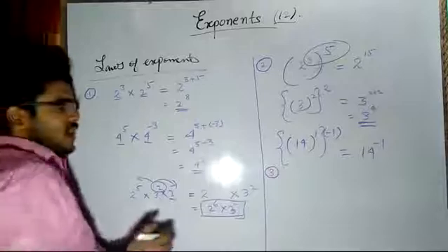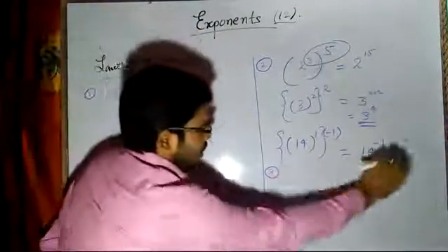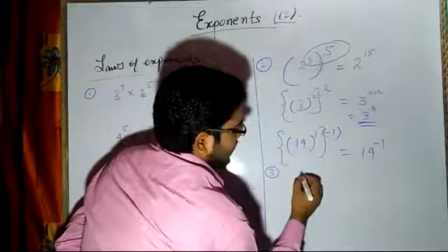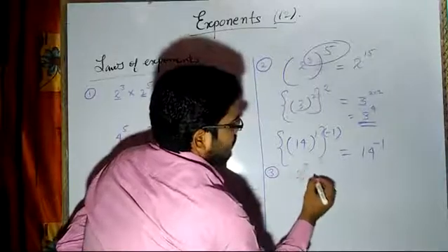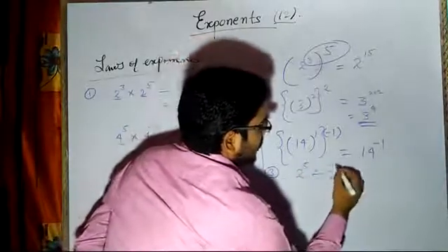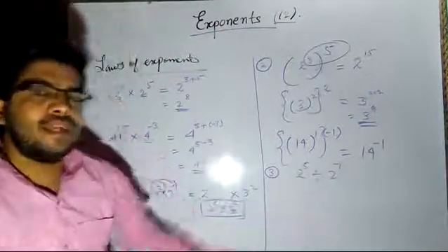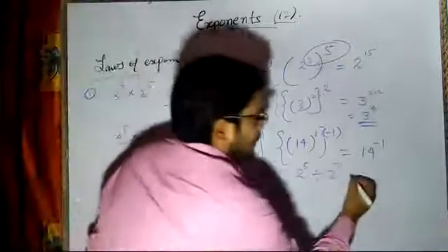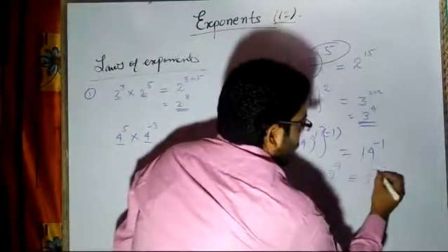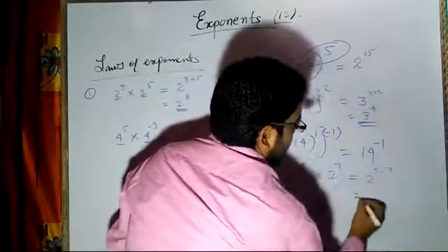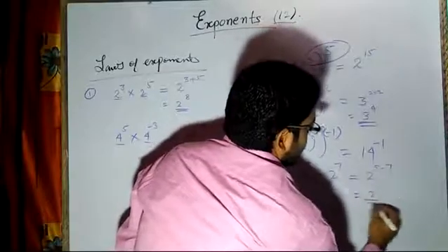Law number 3 is another law. This law says that if a number is divided, like 2 raised to power 5 divided by 2 raised to power 7, if we have a division symbol, then the powers will be subtracted. So 2 raised to power 5 minus 7, that is 2 raised to power minus 2.